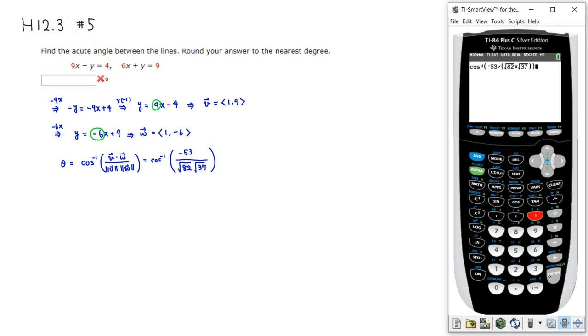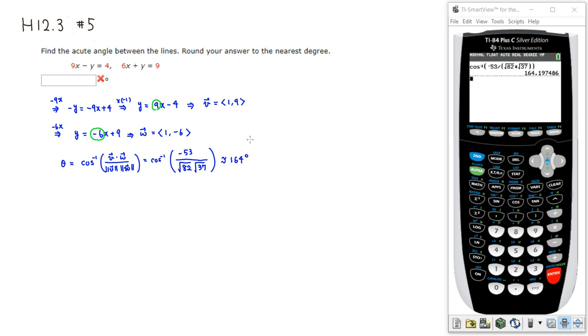Let's find that value. It came out to be about 164 degrees.